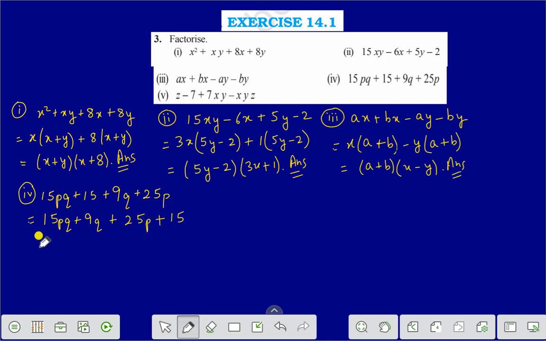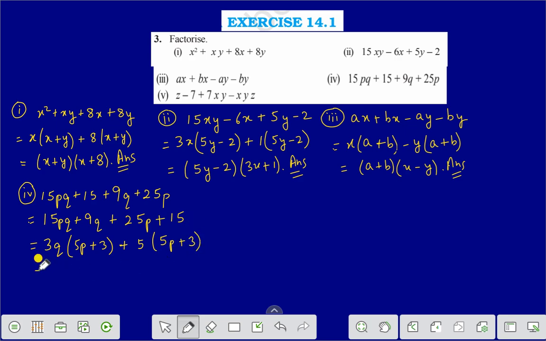Now if we take 3q as common, then we are getting 3 5 is 15, 5p plus 3. Plus if we take 5 as common, then we are getting 5 5 25, p plus 3.